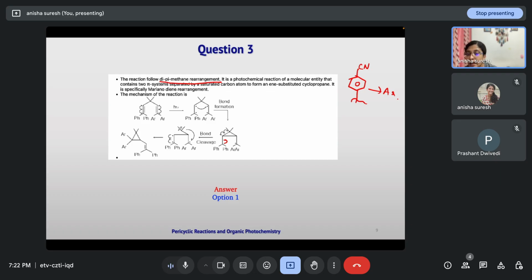Okay. Then after that, this tertiary radical can recombine with this radical, leading to formation of the final product. Because of the stability of the radical that is formed here, it is recombining with this tertiary radical in the final step. First, this bond formation will be taking place, followed by the formation of the cyclopropane ring. Okay, is it clear?